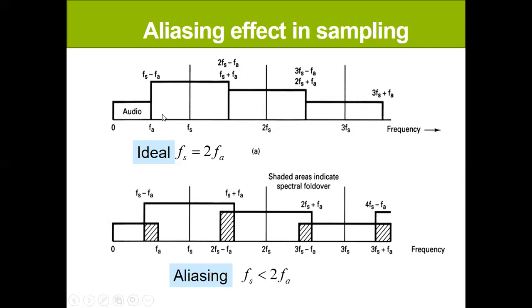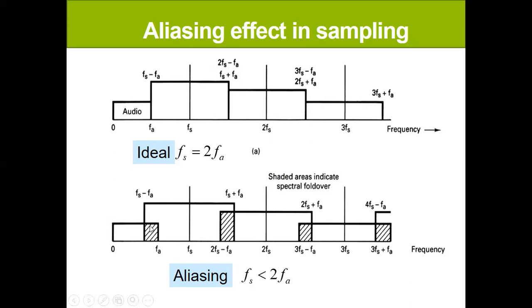They are ideal, back to back, one sample touching another, so it can be recovered at the receiver side. But when Fs is less than 2Fa, I mean the sampling frequency is less than twice the information signal frequency, you can see Fs minus Fa, they do not touch back to back.